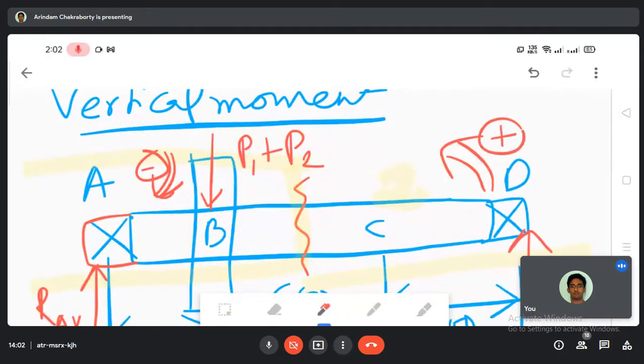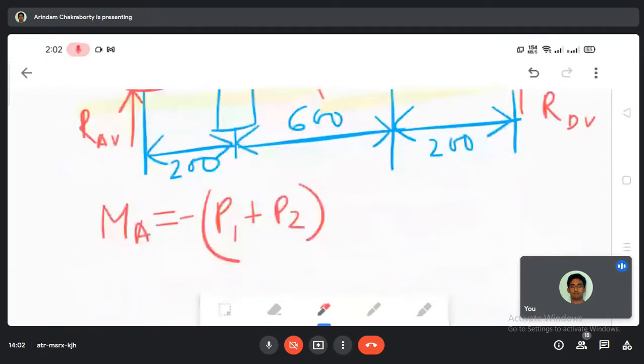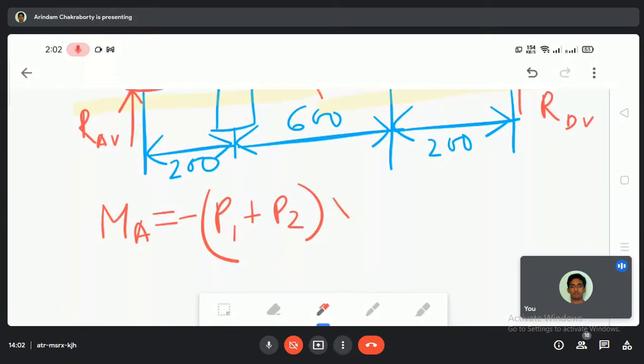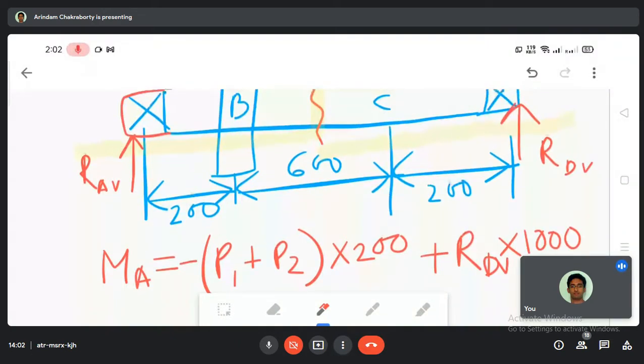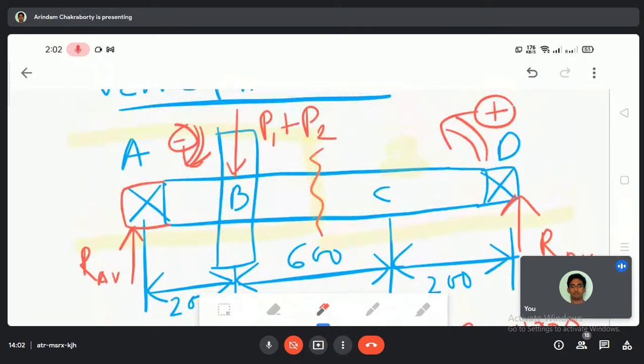So this will be negative into 200 and RDB is positive, that is RDB into 1000. Why? Now try to understand. 200, 600, 200, that is 1000, and the distance from pulley to pulley, from point A to B, is 200. That's why I have written this one.